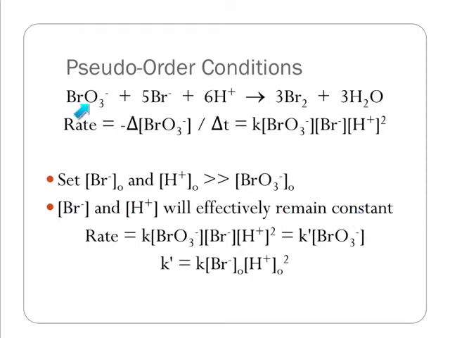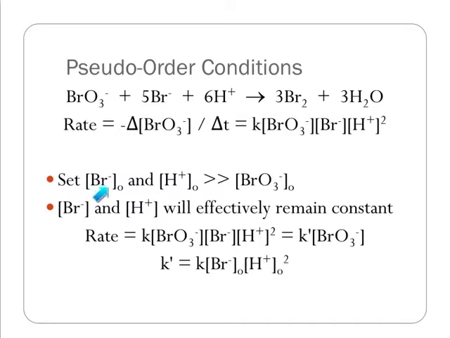All three of these reagents' concentrations, as we have been looking at in graphs, are going to go down. But if I can make the bromide and the H+, in a relative sense, much, much larger than the bromate, then as I lose moles of the bromide and the H+, they're still going to behave as effective constants.